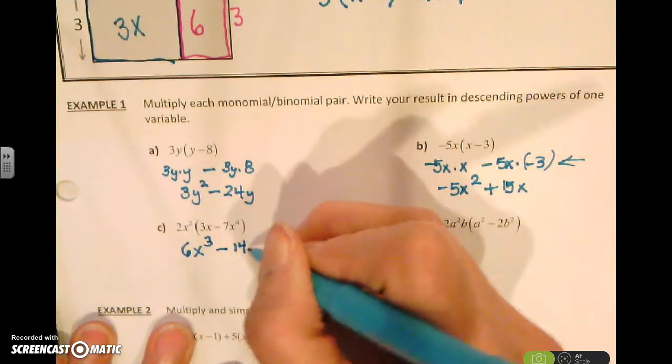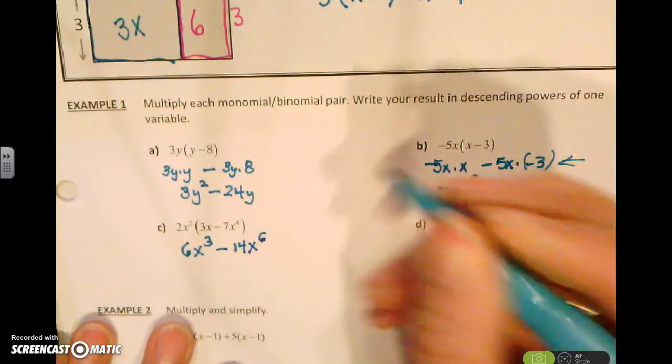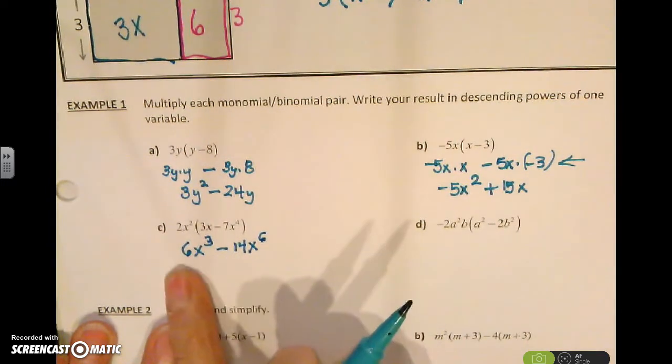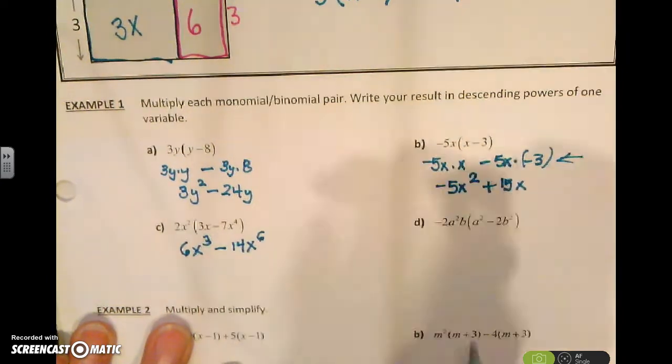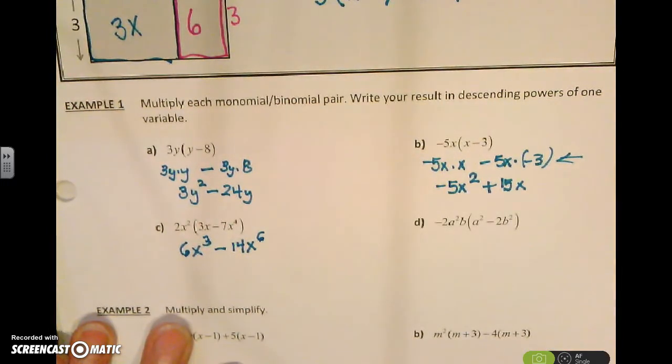X squared times x to the fourth, I'm going to add those exponents and get a 6. Now thinking back to our last section, we can't add these because they're not like terms, because they have a different variable exponent combination. So none of these could we simplify any further.